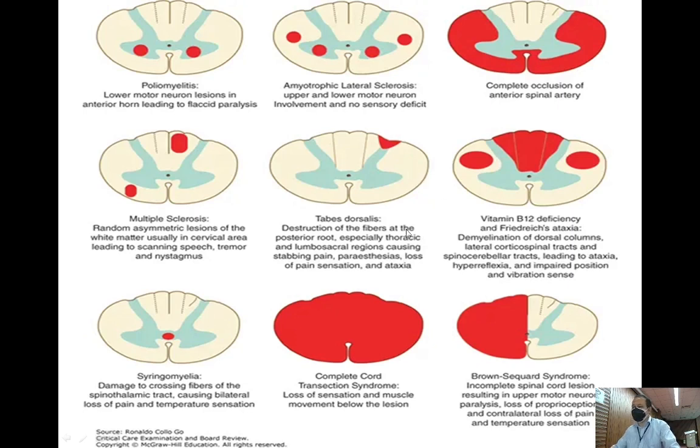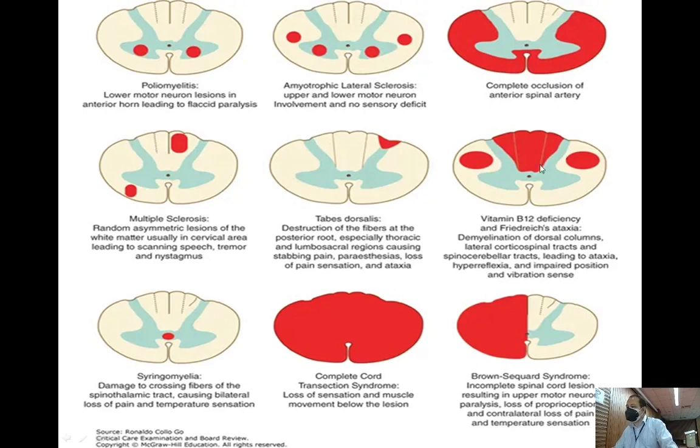So there is destruction of the fibers at the posterior root, especially in the thoracic and lumbosacral regions, so it's going to affect this region mostly, causing stabbing pain or shooting pain, paresthesias, that means loss of normal sensation, loss of pain sensation, and ataxia. Actually, it's not the pain sensation alone that is affected, but other sensations as well.